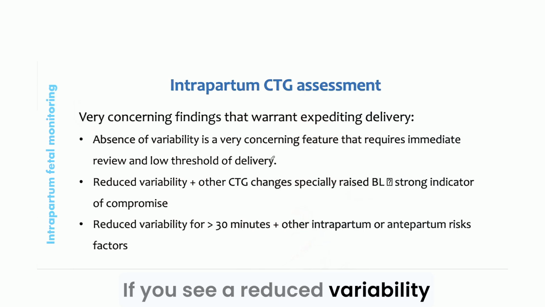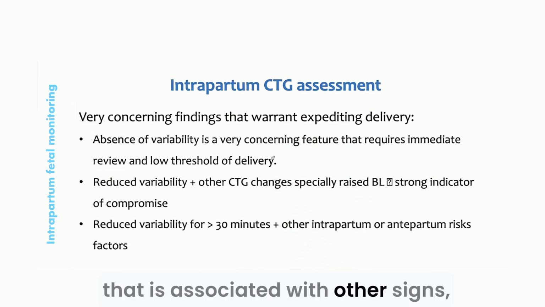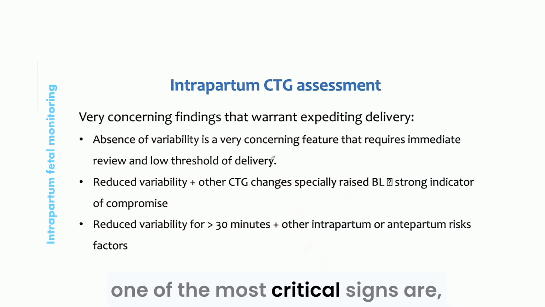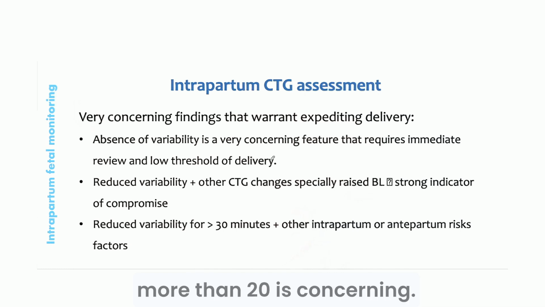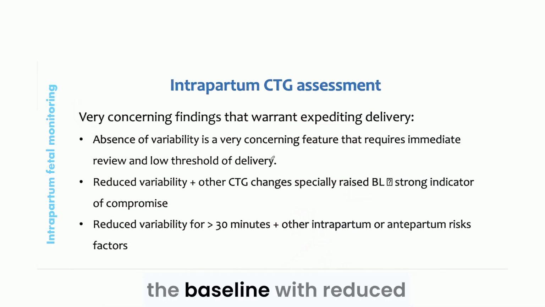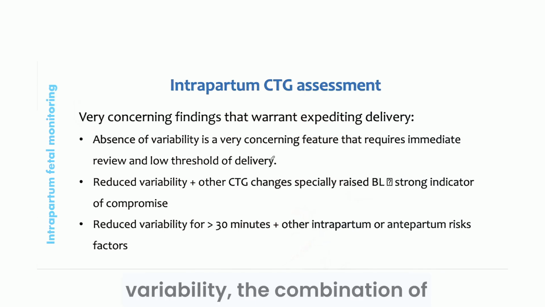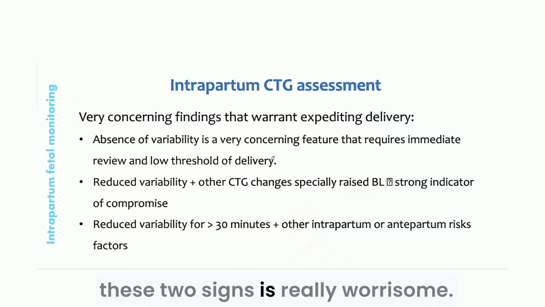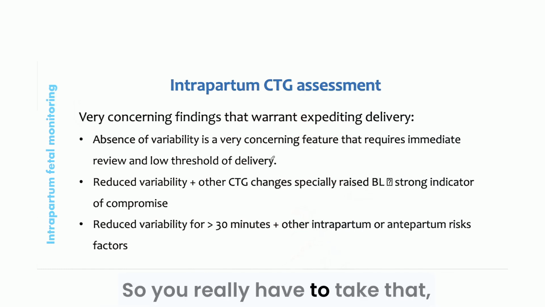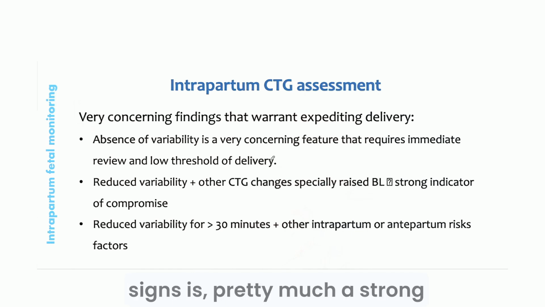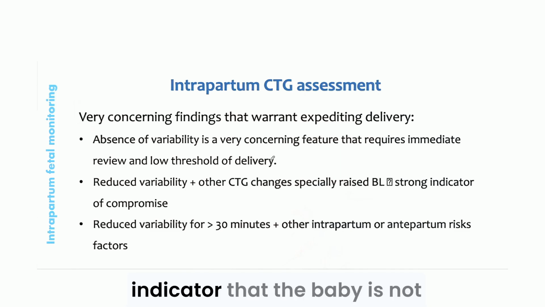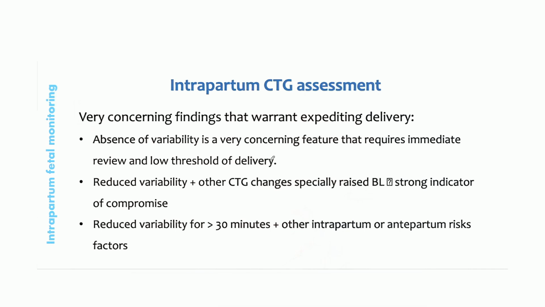If you see a reduced variability that is associated with other signs, one of the most critical signs is the rise in the baseline. So we mentioned that a rise in the baseline that's more than 20 is concerning. But if you see both of them, a rise in the baseline with reduced variability, the combination of these two signs is really worrisome. So you really have to take that, not just thinking about it as a categorization of the CTG, but the combination of these two signs is pretty much a strong indicator that the baby is not doing well.